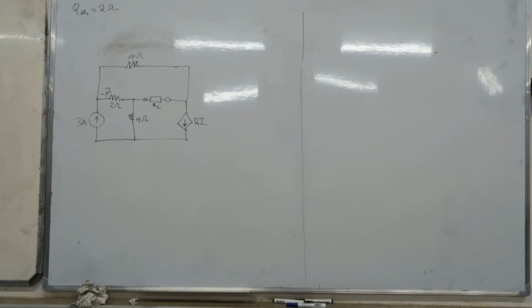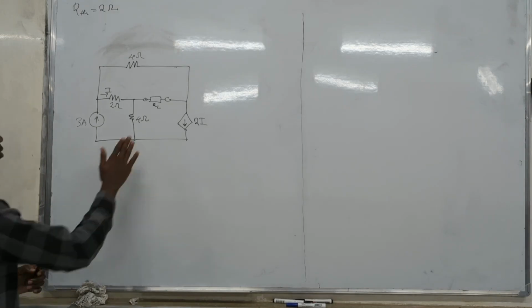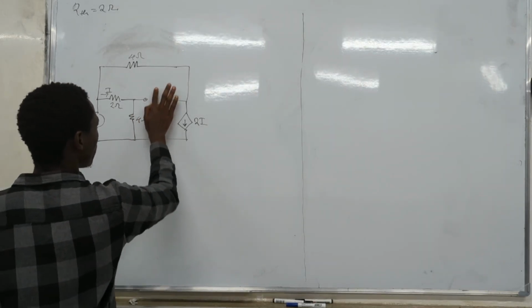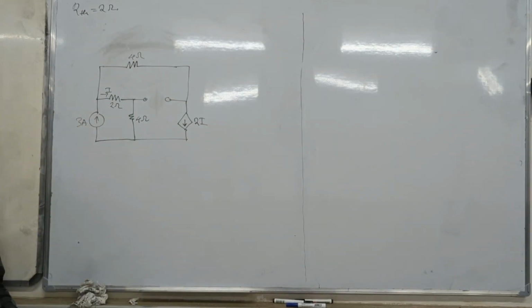And we want to get what? Thevenin. How do we get Thevenin? What's the first step? Yes. So remove the load. This is the first step. Then when you remove the load, you find the voltage across the terminals.